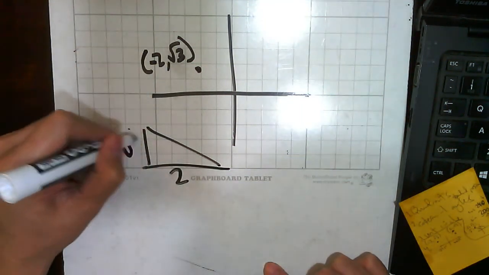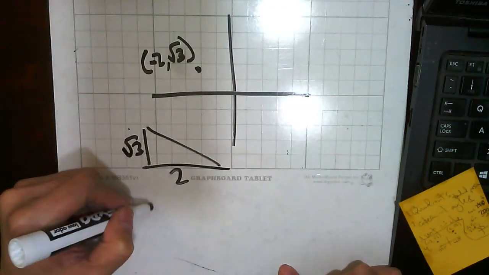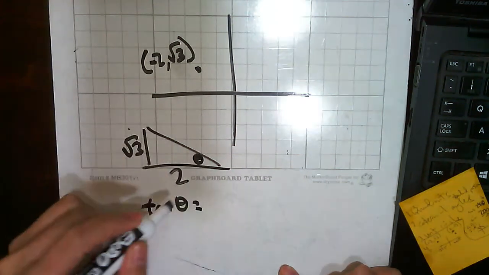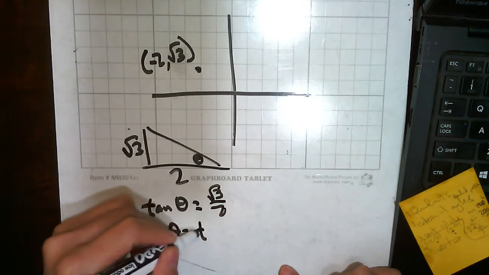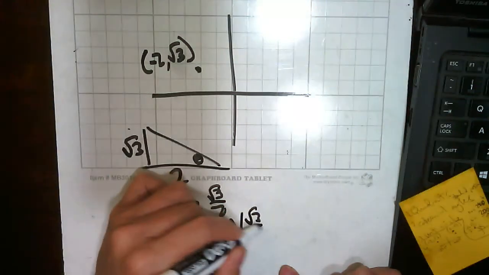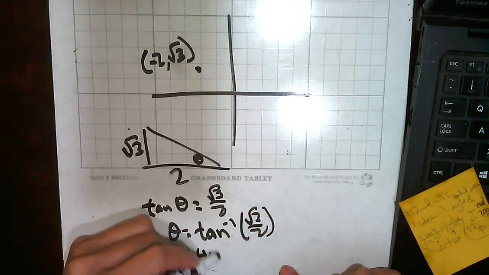This is radical 3. So we solve this the same way: tangent theta equals radical 3 over 2, and theta equals inverse tangent of radical 3 over 2. For this one we got 40.1, I think.